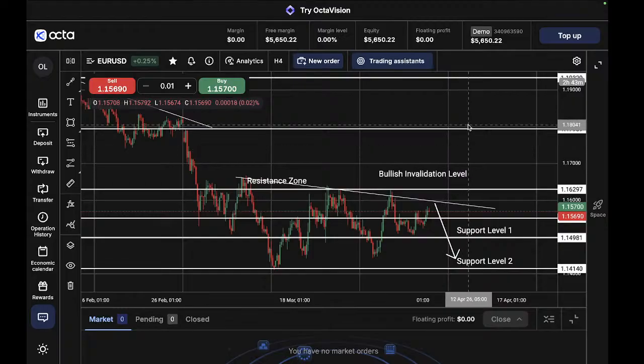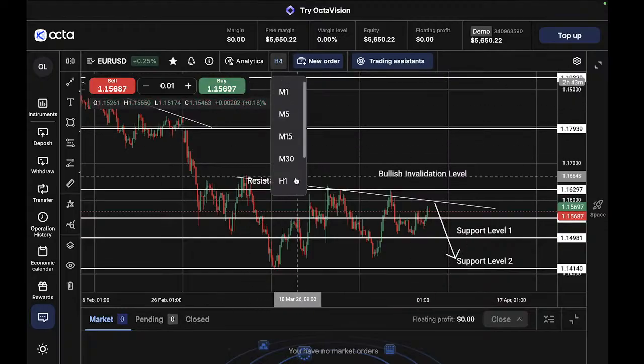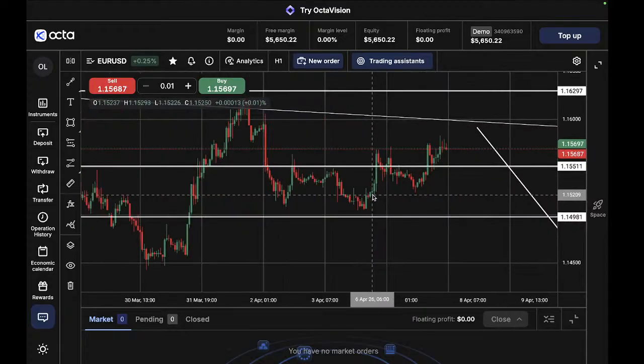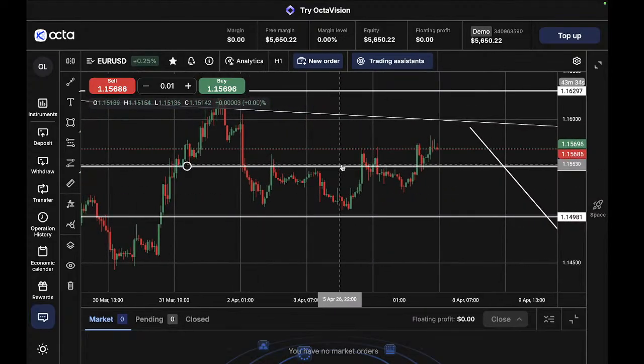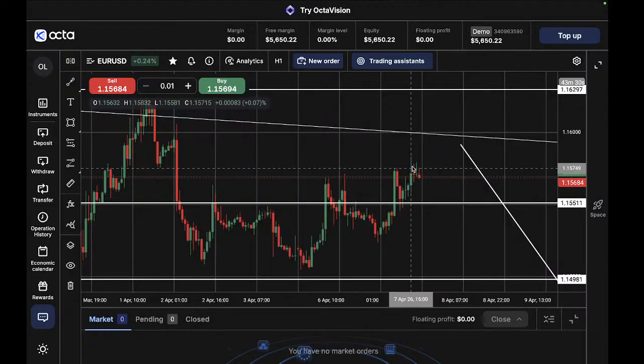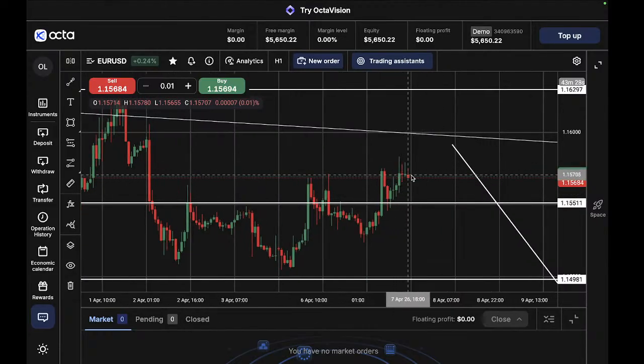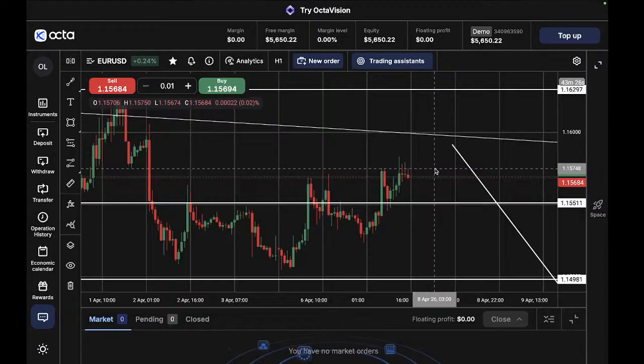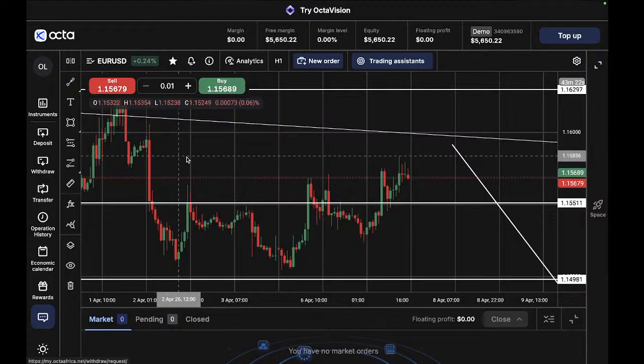All right, now let's go down to the 1 hour time frame. So when you look at the 1 hour time frame and you zoom in, you would see that there are quite a number of wicks to the top, right? Who can tell me what this means?